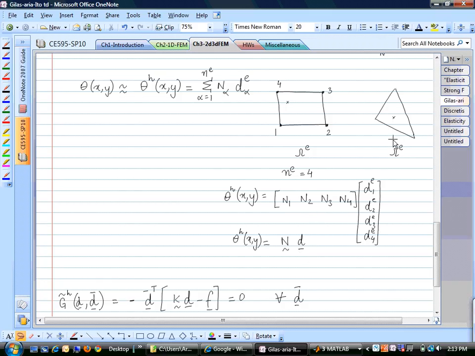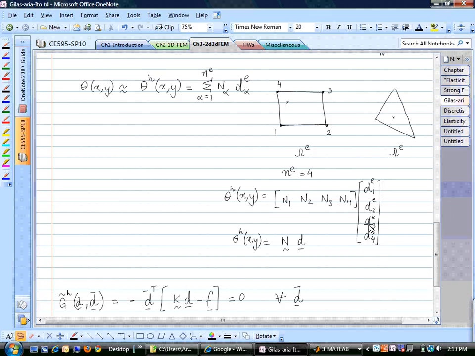The similar sort of thing happens for a triangular element. Instead of these 4 nodes, the value of n e is going to be 3, and you would have N1, N2, N3 times d1, d2, d3. You can see that this is a 1 cross 4 matrix multiplied with a 4 cross 1 matrix that will give you a scalar, right?